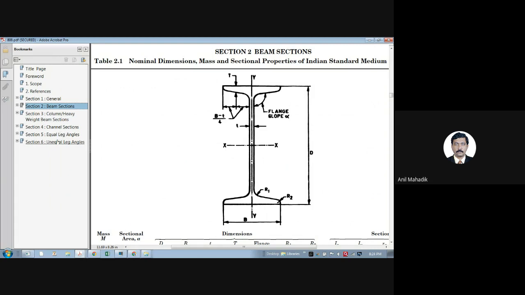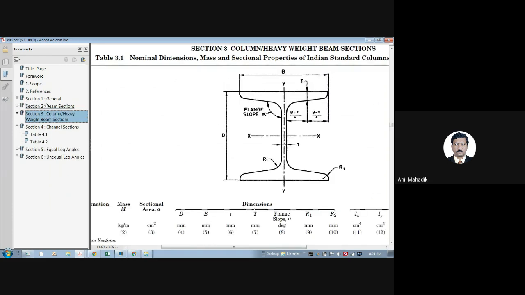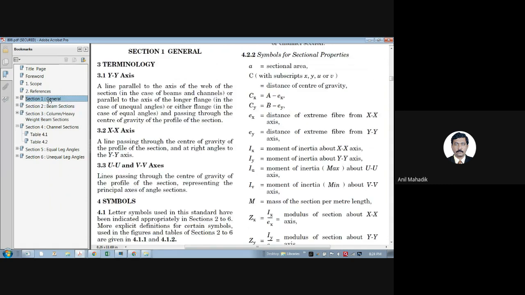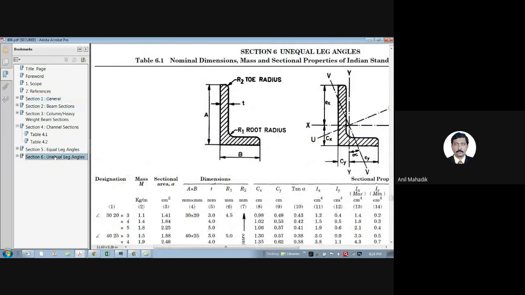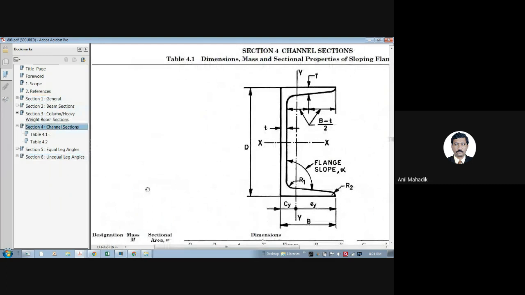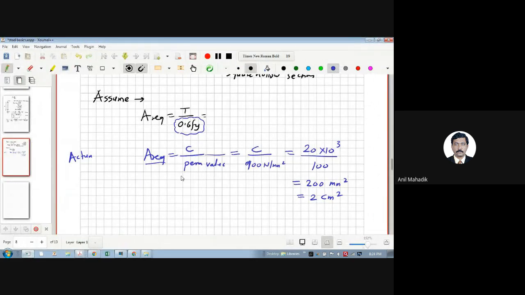So do we have, I think the table is different for this. The code is different, I think. I'm not sure. For square tube, the code is different, I think. Okay, so better way, let me choose channel section. Forget that. I don't have the code now for square tube.